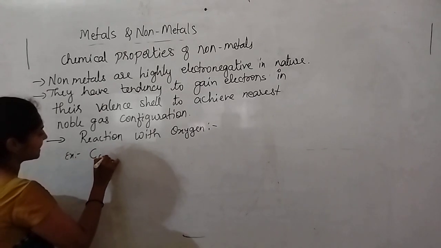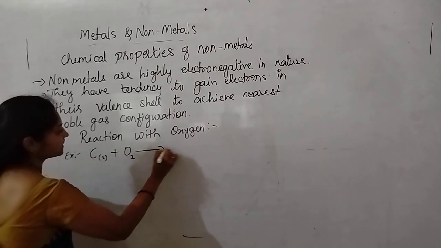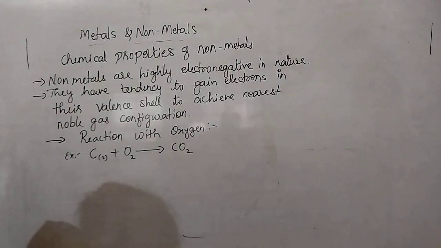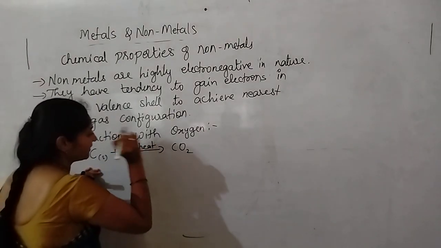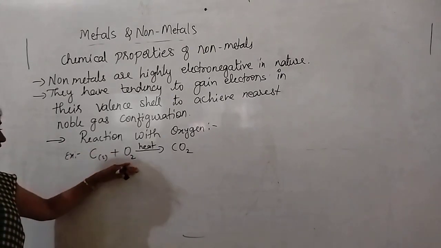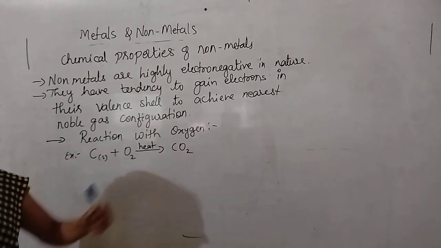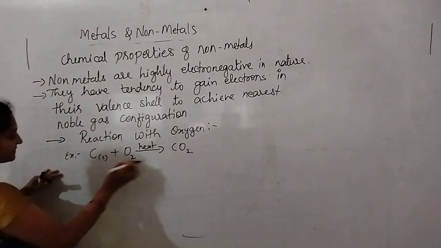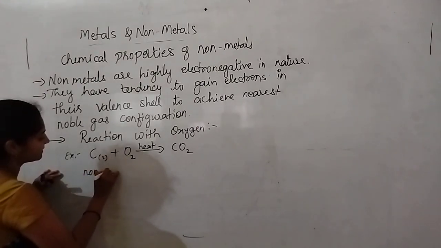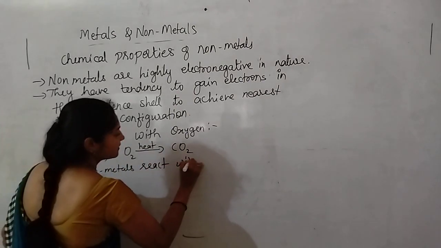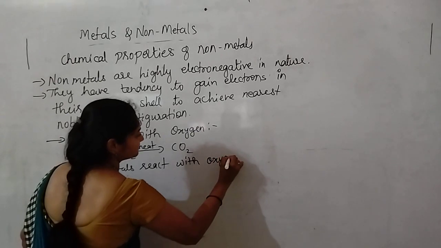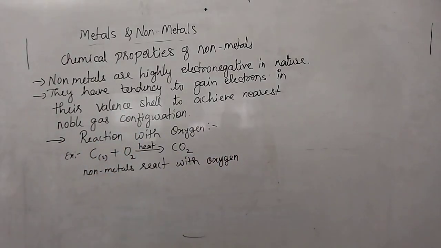For example, carbon plus O2 forms carbon dioxide. When carbon is heated in the presence of oxygen, carbon dioxide is formed. So non-metals react with oxygen from the air to form oxides.